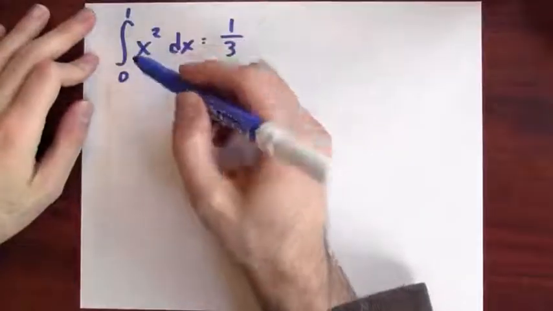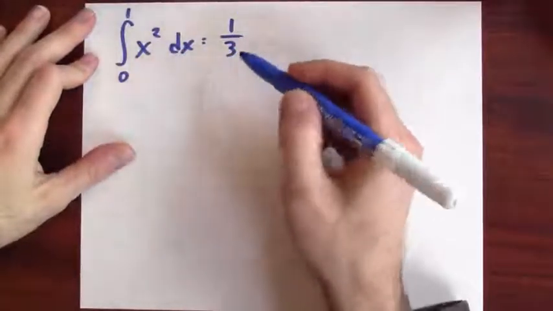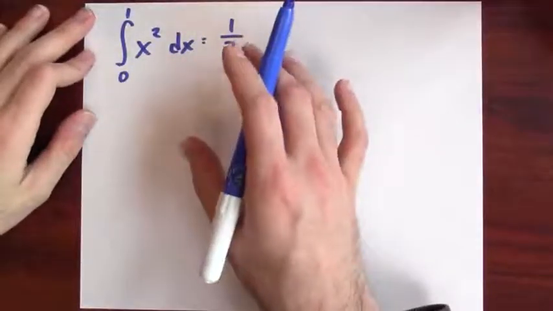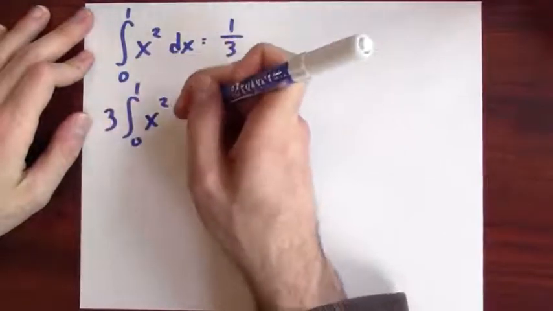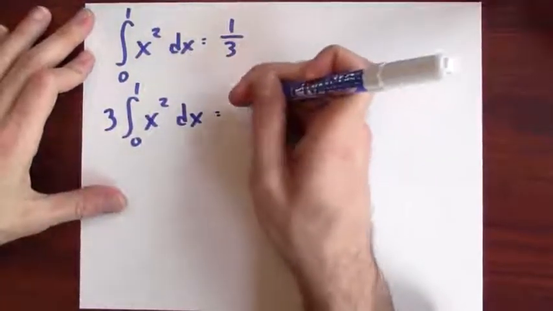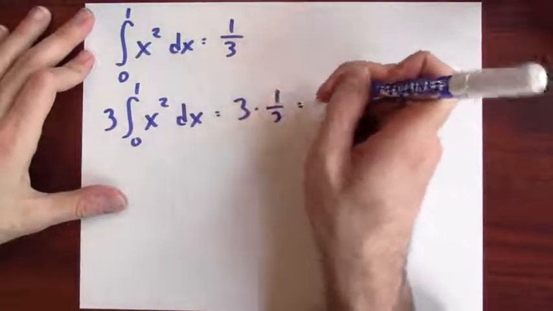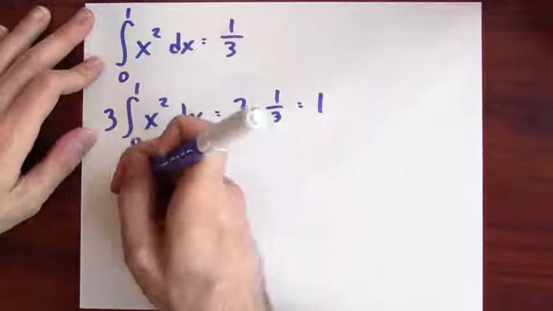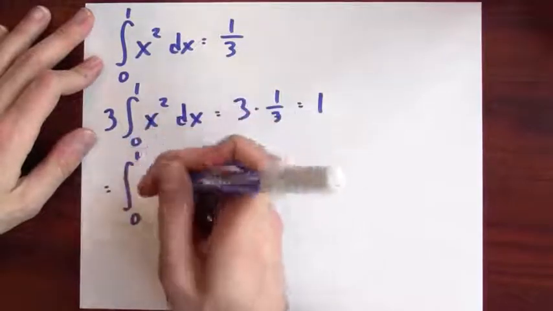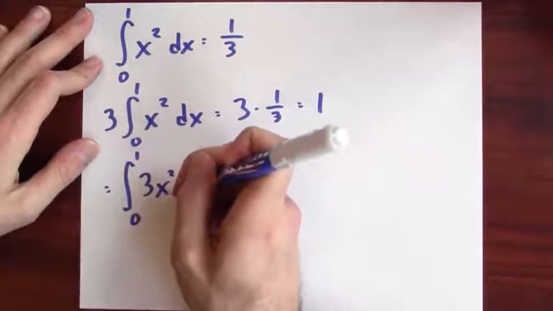Now I can play around with this a little bit. To say that the integral from 0 to 1 of x squared dx is 1/3, well, one thing I could do with this is multiply this by 3. What's 3 times the integral from 0 to 1 of x squared? Well, that's 3 times 1/3, which is equal to 1. But 3 times an integral is the same as integrating from 0 to 1 three times the function.